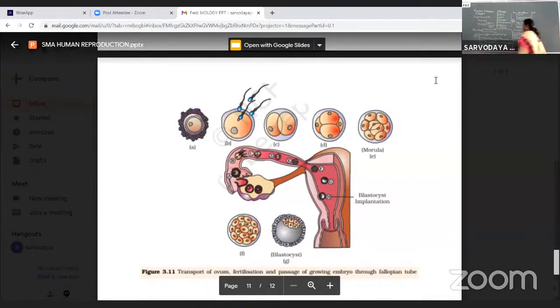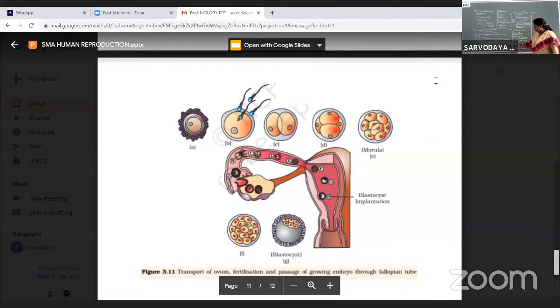So the inner cell mass which is going to differentiate into the developing embryo will give rise to the 3 layers. What are they? Namely ectoderm, endoderm and mesoderm. Why are these so important?